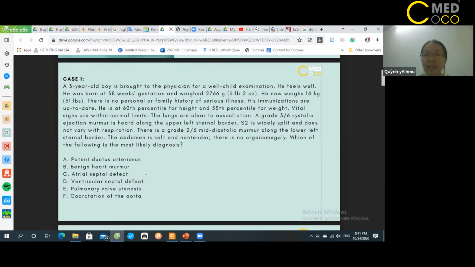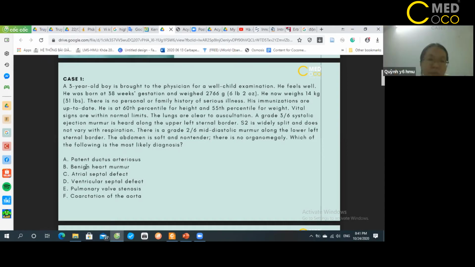But when a local healthcare staff or any healthcare provider hears an abnormal heart sound in an infant, he always has to think about some congenital defects and refer this child to the pediatrician.